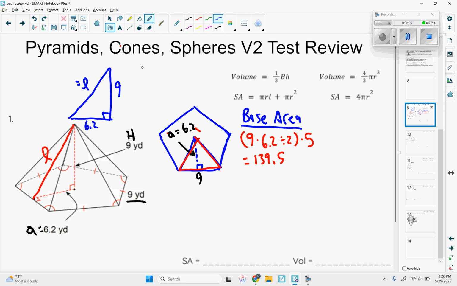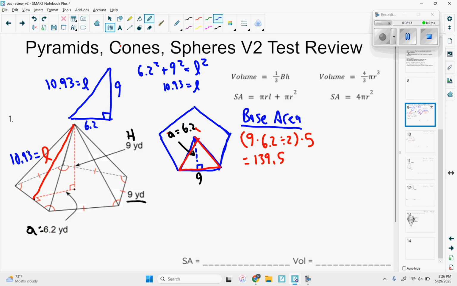So Pythagorean theorem, I'm going to do 6.2 squared plus 9 squared equals our slant height squared. When we solve that, we will get a slant height of approximately 10.93. All right, so all of these slant heights are 10.93.